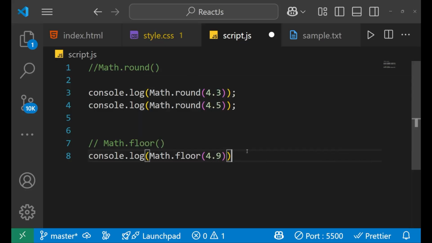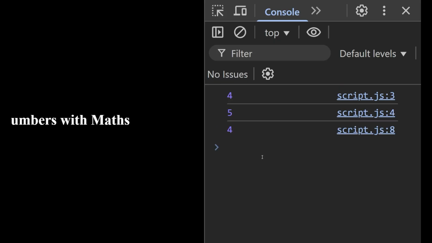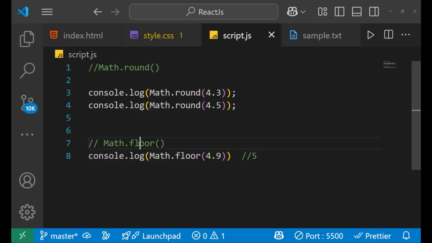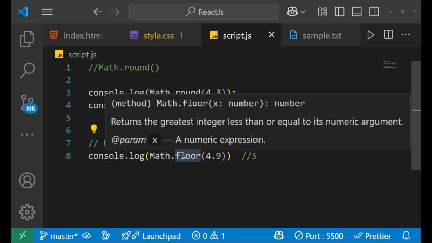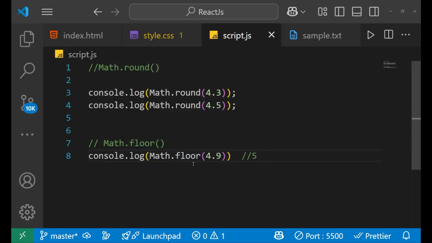What do you think I'm going to get this time? Earlier, according to what we have learned, it should go to the 5. But now this will take you to 4. Why to the downward side? Well, that's the reason why we have used Math.floor. Floor is the downside. That is the logic basically, that when you use the floor, it will take you to the downward side.